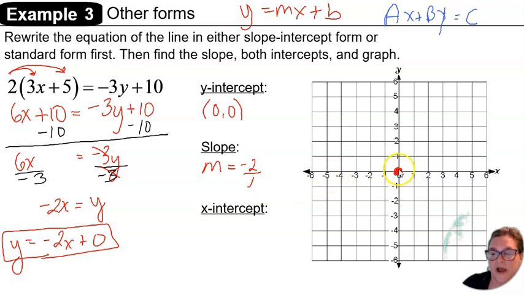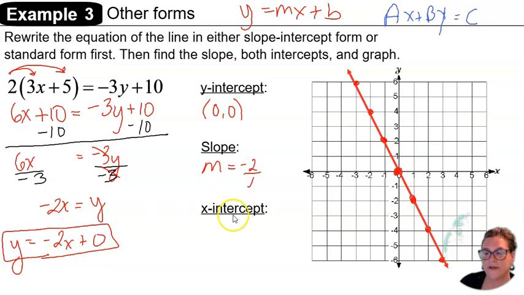So I can either rise up 2 and go to the left 1, or I can fall 2 and go to the right 1. Right? The slope is negative, and so I have a line that is going downhill from left to right. I can follow that slope out to both directions and the edge of the graph. So down 2 over 1, and then I can draw a line connecting those.